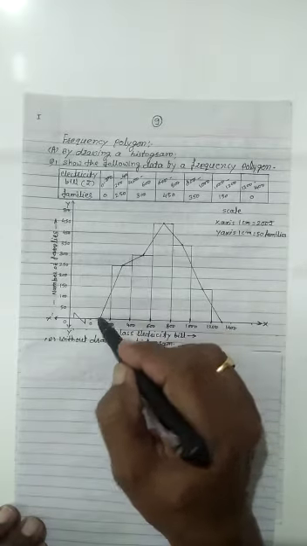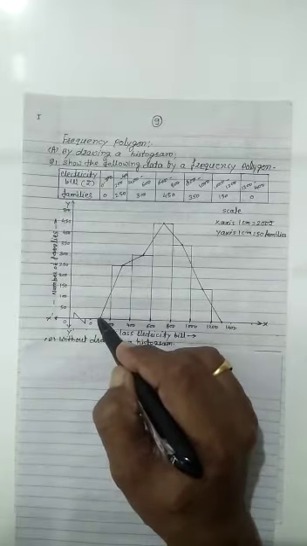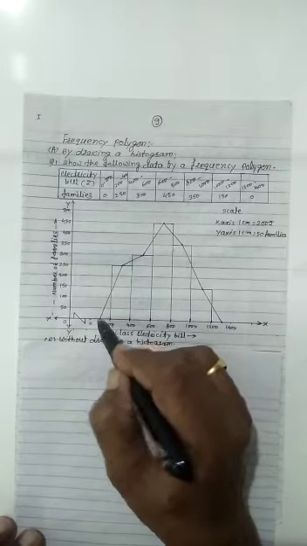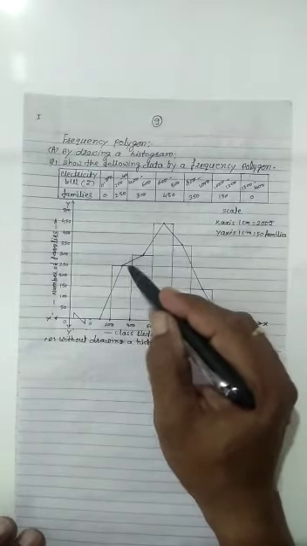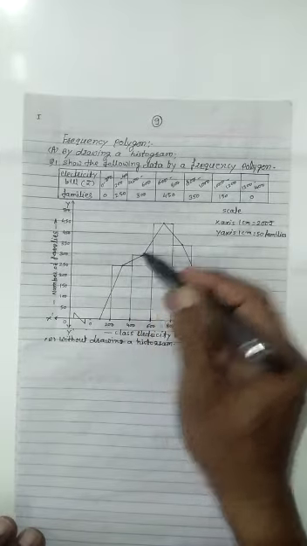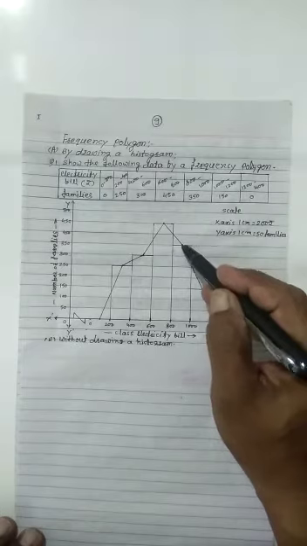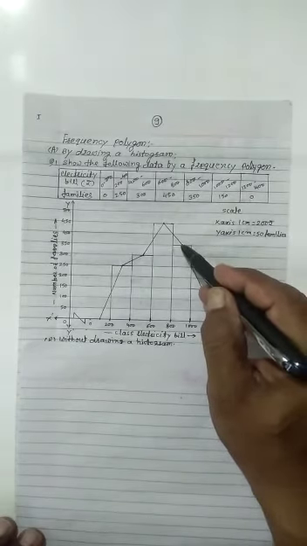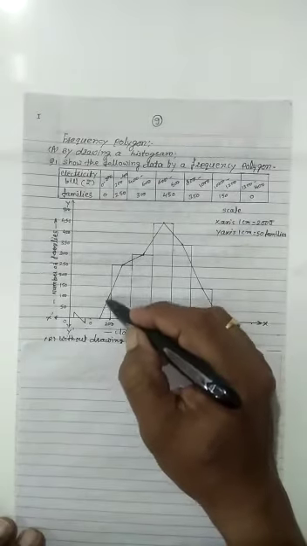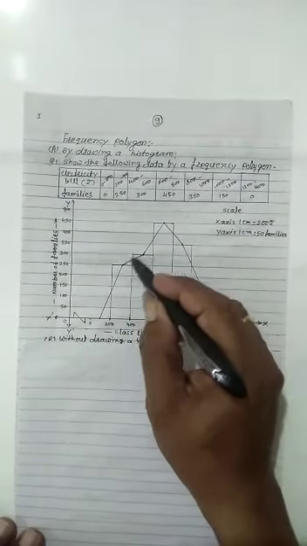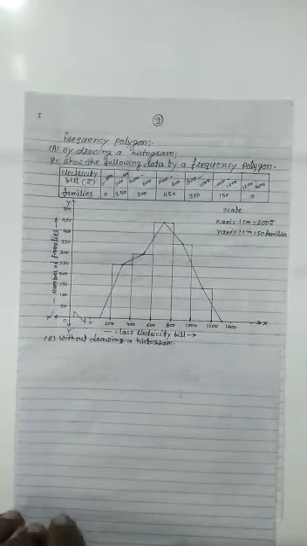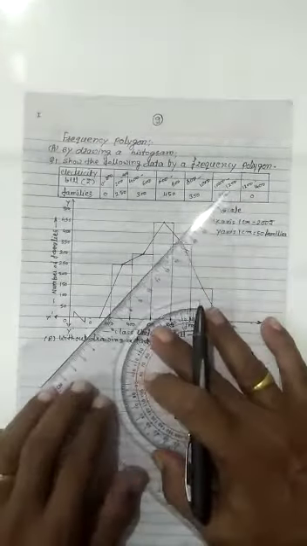Then take the midpoint of this rectangle, here the 0 to 200 midpoint, then here the 200 to 400 midpoint, then here the midpoint. Take the midpoint of the top side of each rectangle and join them using a scale. We get the frequency polygon.